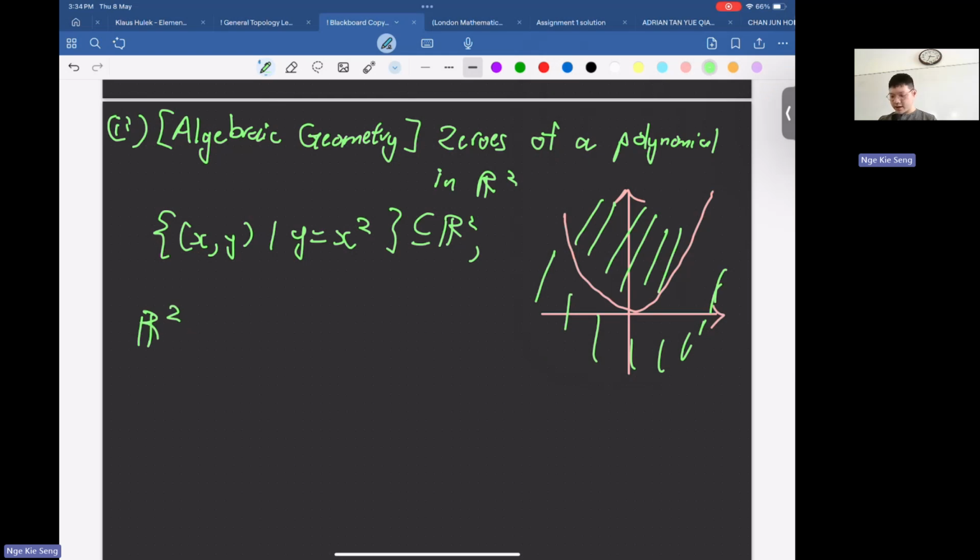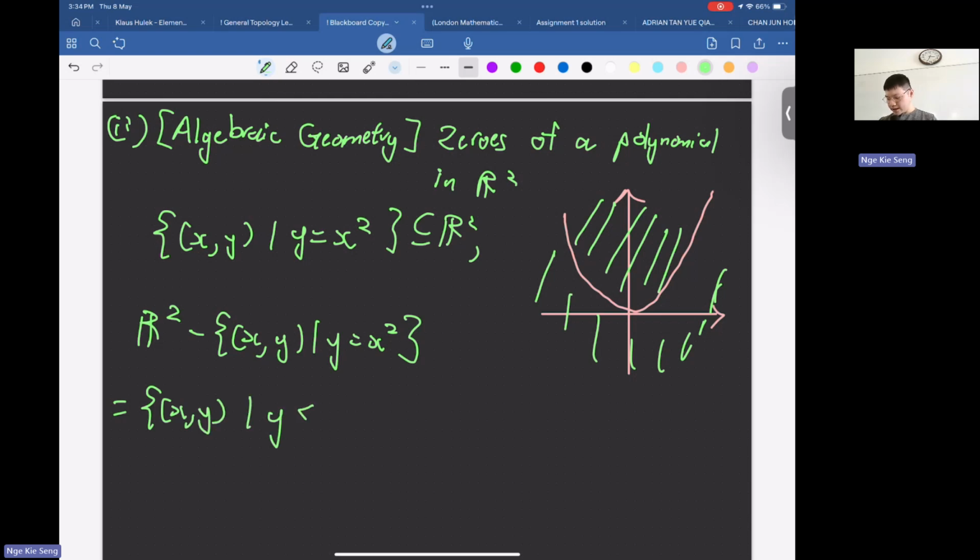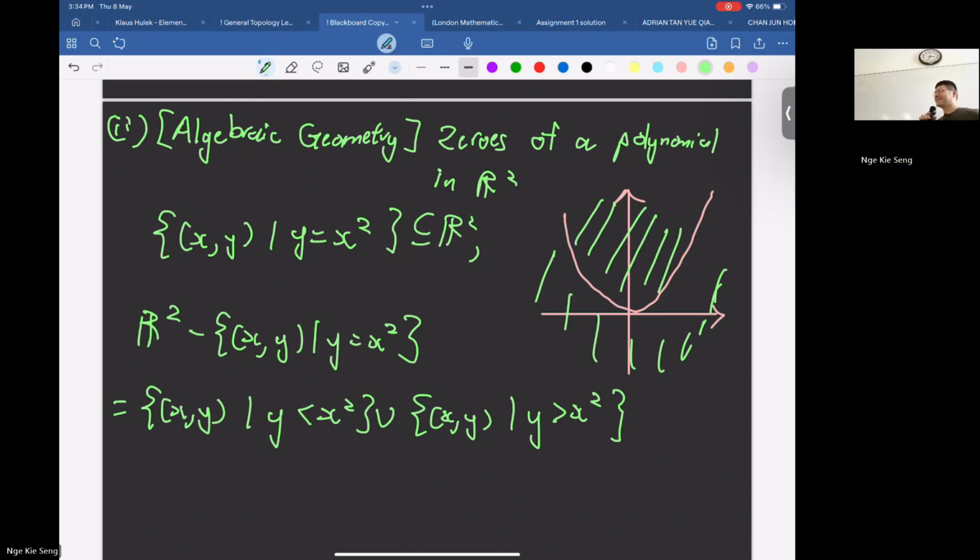R squared take away this closed set is equal to all the points (x, y) such that y is strictly less than x squared, union (x, y) such that y is strictly greater than x squared. And these two sets are open.